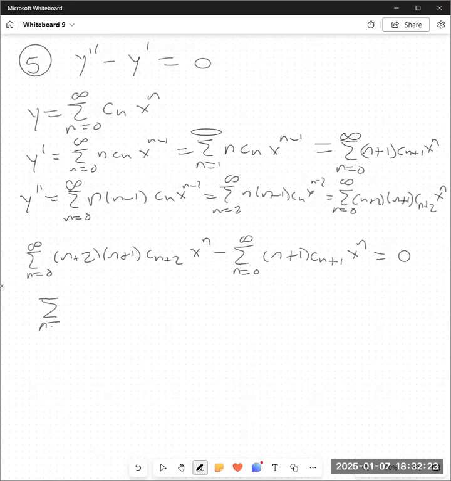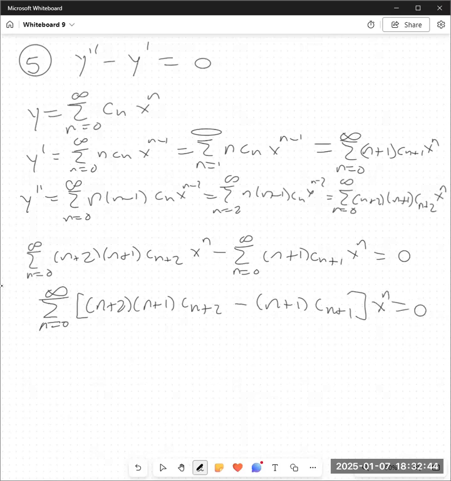Combine these together: the sum n equals 0 to infinity of n plus 2, n plus 1, cn plus 2, minus n plus 1, cn plus 1, times x to the n equals 0.